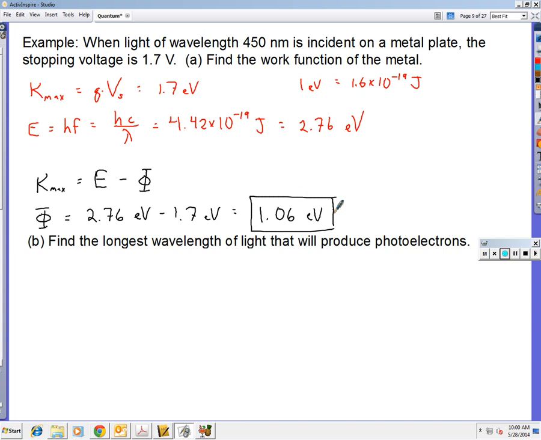Now we want to find the longest wavelength of light that will produce photoelectrons. Remember, as the wavelength increases, the energy of the photon decreases. And if the photon energy drops below 1.06 electron volts, then you won't get any photocurrent.